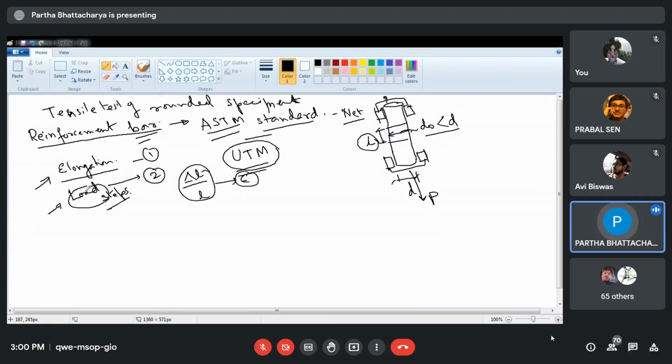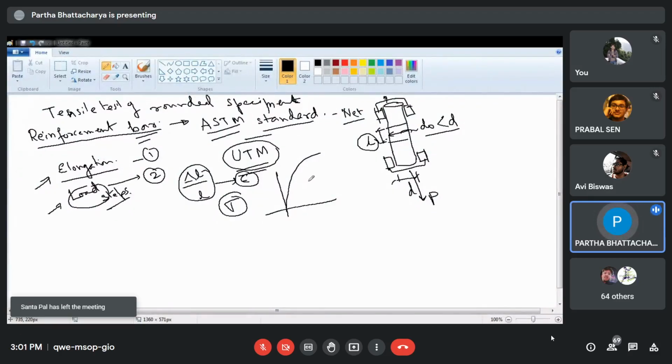The load divided by the cross-sectional area will give the stress of the specimen, and the whole idea is to plot the stress versus strain graph for this particular specimen, from which we have to find the material characteristics of the specimen under test.